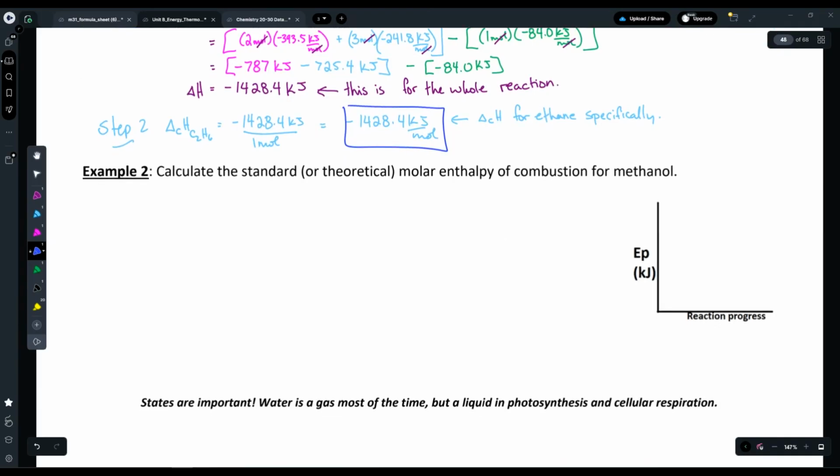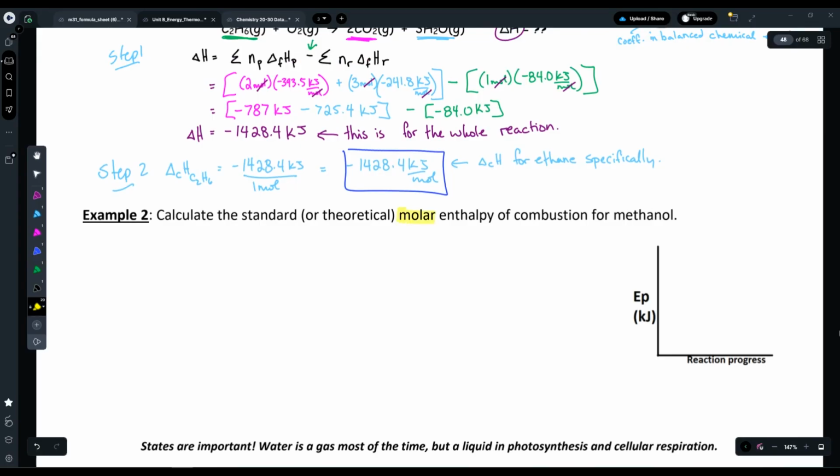Okay, example 2. We're going to calculate the standard or theoretical molar enthalpy of combustion for methanol, and even though it doesn't say it here, they want us to draw a potential energy diagram. So we're looking for the molar enthalpy of combustion for methanol. Step 1, because it's not given to us, we need to write out a balanced chemical equation.